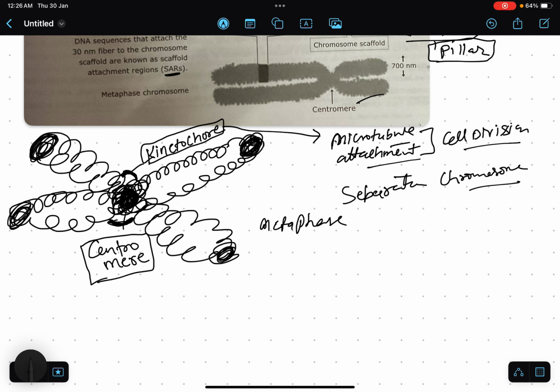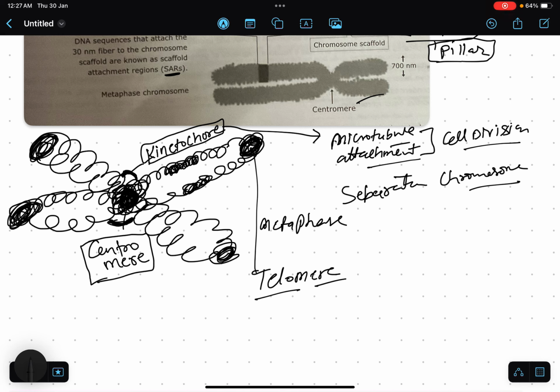This highly coiled structure at the center is known as centromere, and the end regions are known as telomere. Center is known as centromere and the ends are known as the telomere. And somewhere in the middle also there is a hard coiling of DNA present.